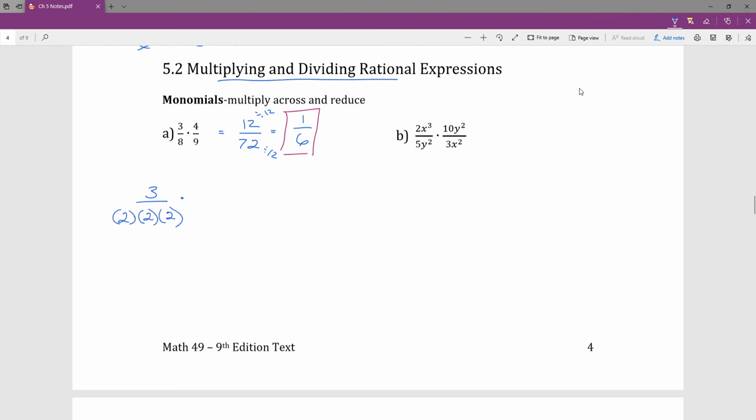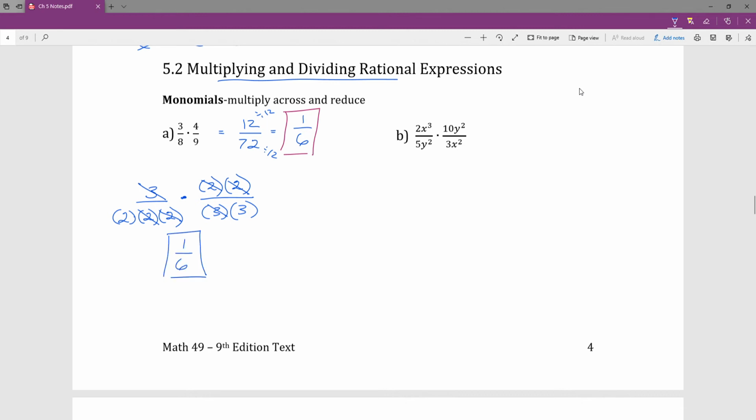I'm pretty sure nobody thought of fractions this way, but just humor me for a minute because this is how it parallels to our rational expressions. So these are my numbers fully factored. We're going to fully factor our expressions. And so you could go across and reduce anything that is the same top and bottom. And in this way, this gives you a third way to get to that answer of 1/6.